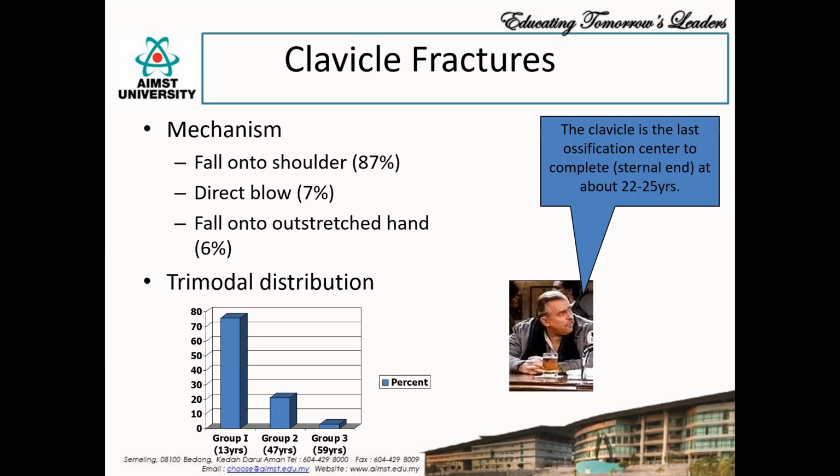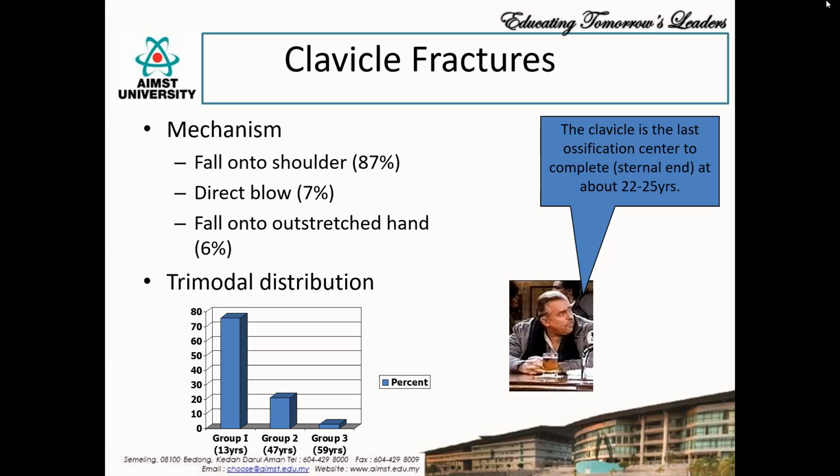Just falling sideways, great impact occurs on the lateral end of the shoulder, or a direct blow, maybe heavy weights falling or hitting directly on the clavicle. The main reason is the fall onto the shoulder.